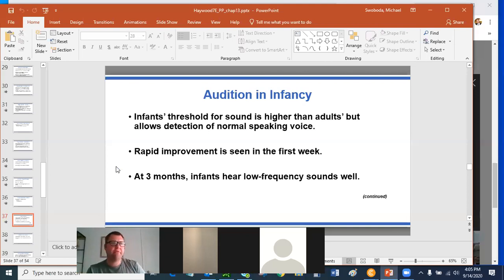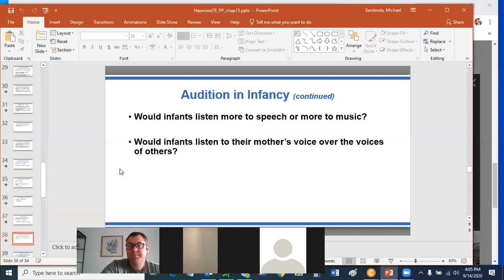I could blast it as loud as I could, and you're not going to hear it because your brain cannot take in that sound and understand it. So when children first learn to speak, it is loud because they lack the true pitch range to fully hear and understand themselves.